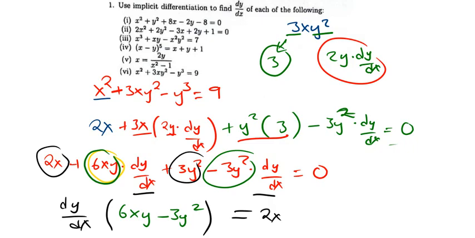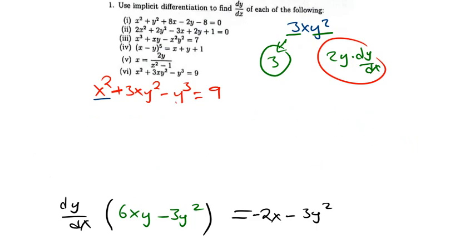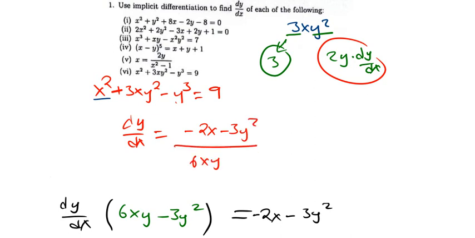So actually it will become negative as they go to the other side. dy/dx becomes minus 2x minus 3y squared over 6xy minus 3y squared.